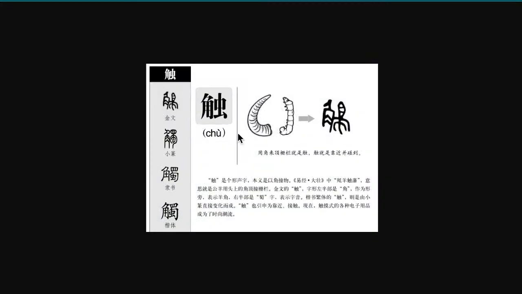Let's take a look at the character itself. Looking at the oracle bone character, you can see it's a picture of a horn on the left, and then on the right part is 数. 数 is for sound.